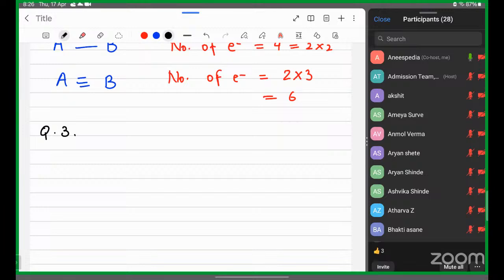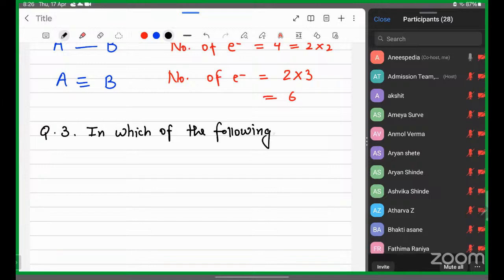Okay, next question is, in which of the following is the octet rule not applicable?